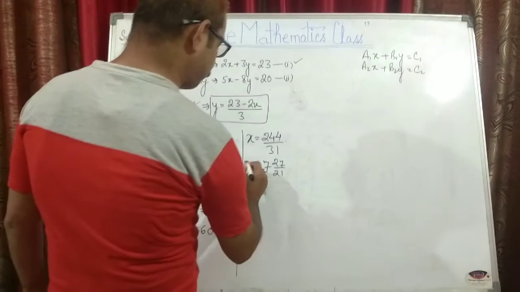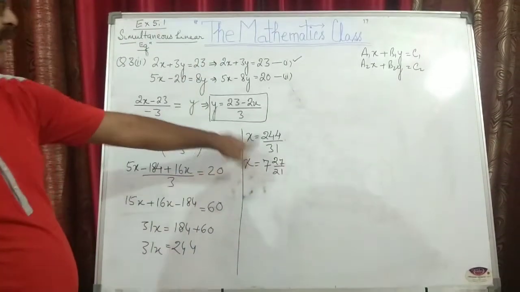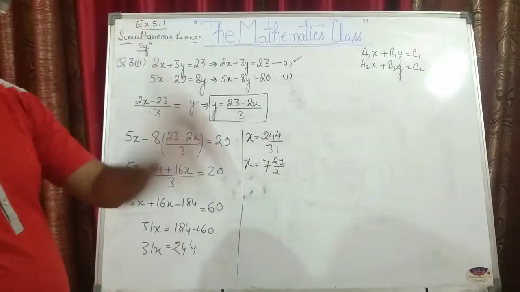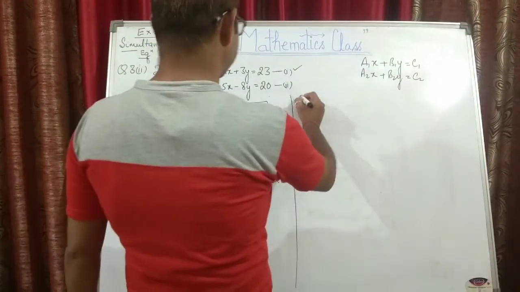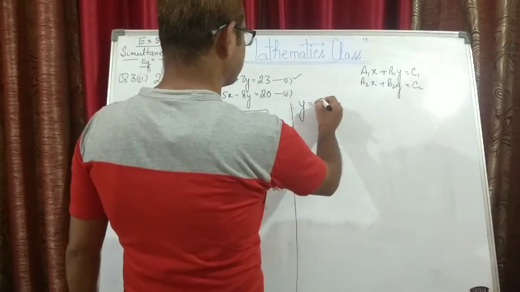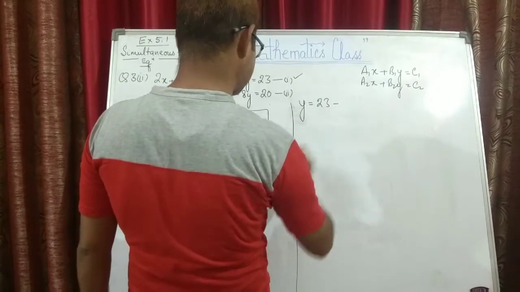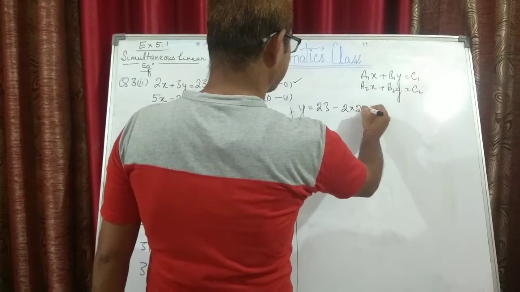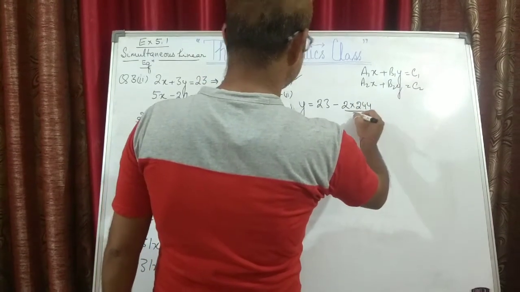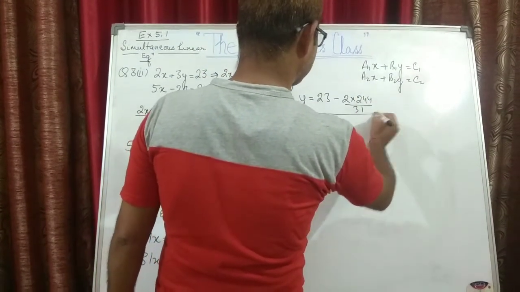Now we will substitute this value of x in this equation to get the value of y. So we can say that y is equal to 23 minus 2 into x, which is 244 upon 31, whole upon 3.